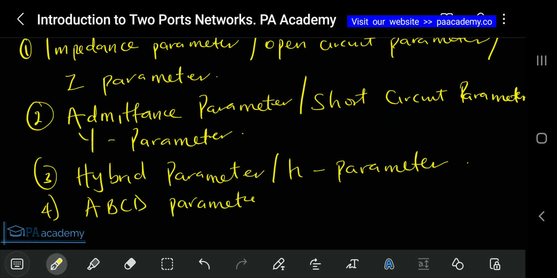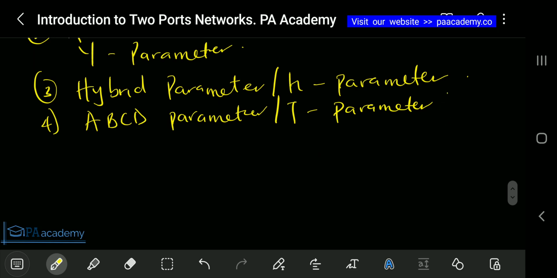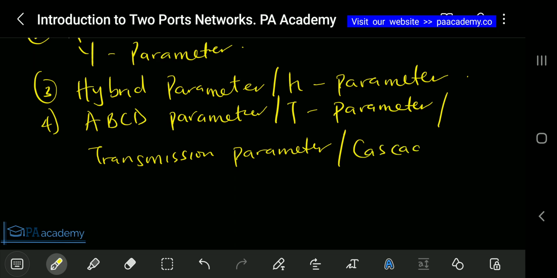For this ABCD parameter, we also call it the T parameter, or you call it the transmission parameter, or you call it the cascade parameter, or you can also call it the chain parameter.